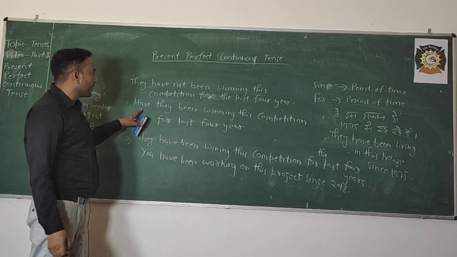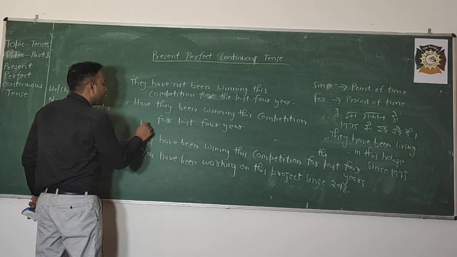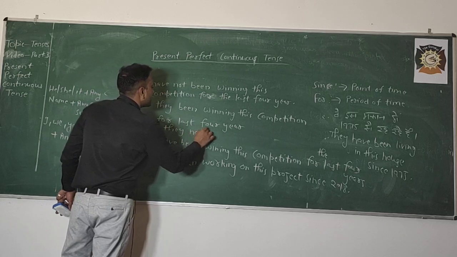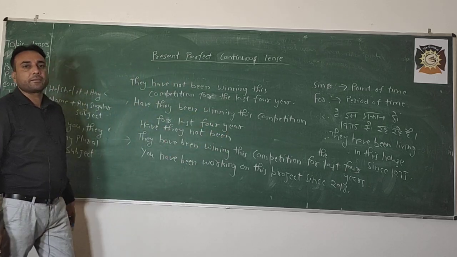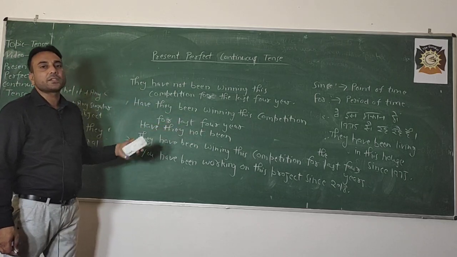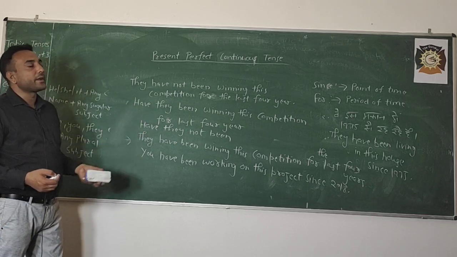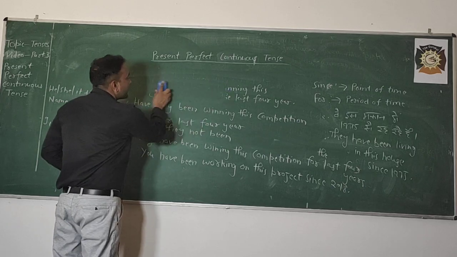And negative interrogative: have they not been winning this competition for the last 4 years? In negative interrogative, have they not been, and the rest of the sentence remains the same. So this is the way to change the sentences into negative, interrogative and negative interrogative.